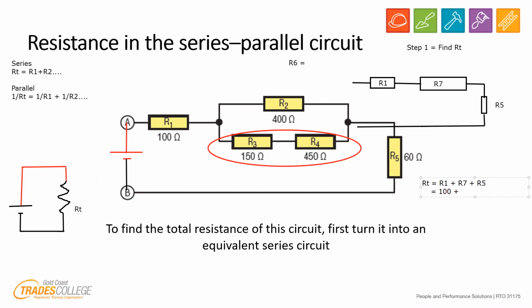We've got R7, which was 240. And we've got R5, which is 60. So 60 plus 240 is 300, plus the 100 we've got there is 400 ohms in total.